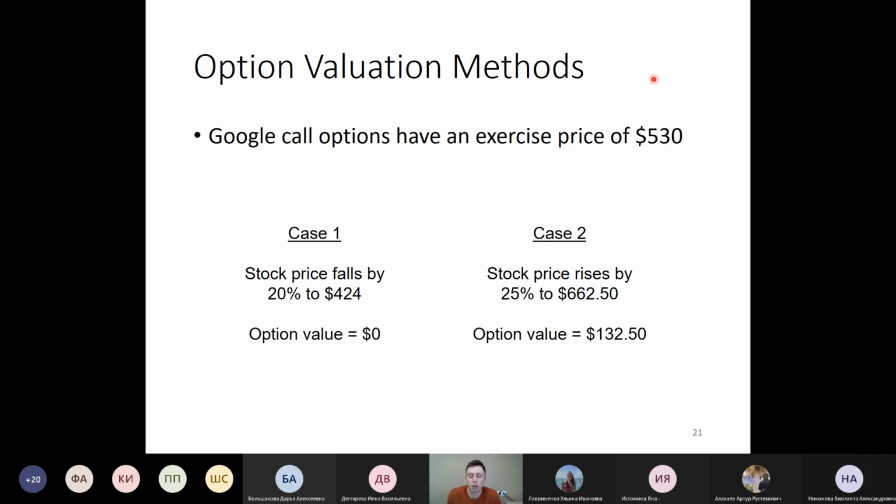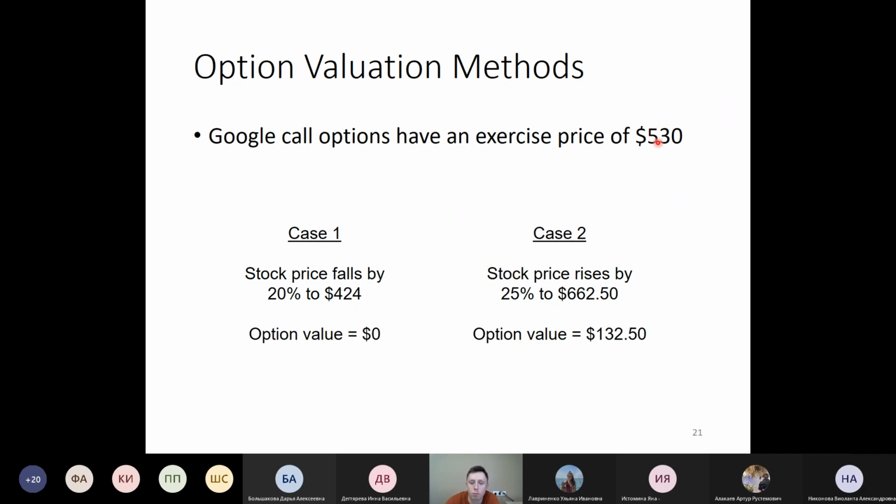In order to discuss how the price of the option is determined, we will go step by step, and first we will consider a simplified example. We will also work with the same stock in the same conditions, just advancing our method gradually.